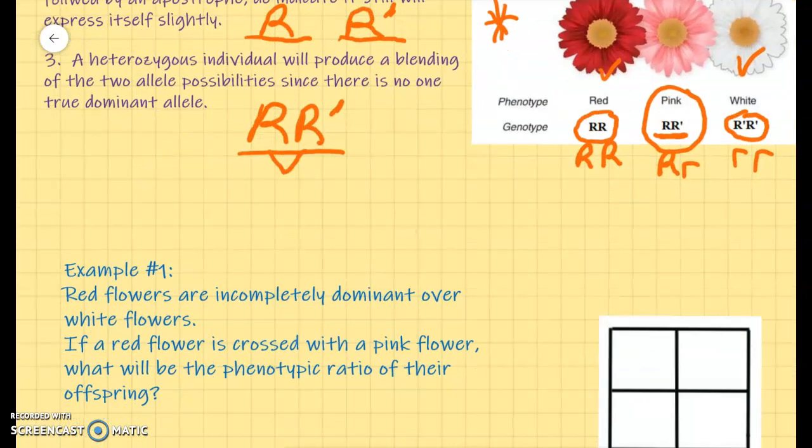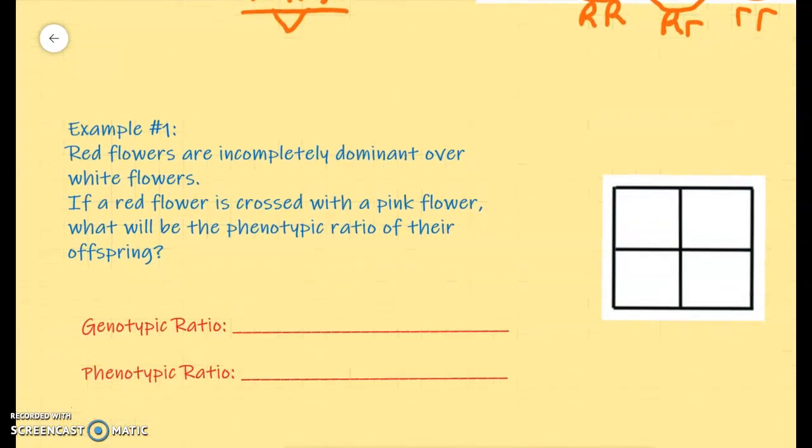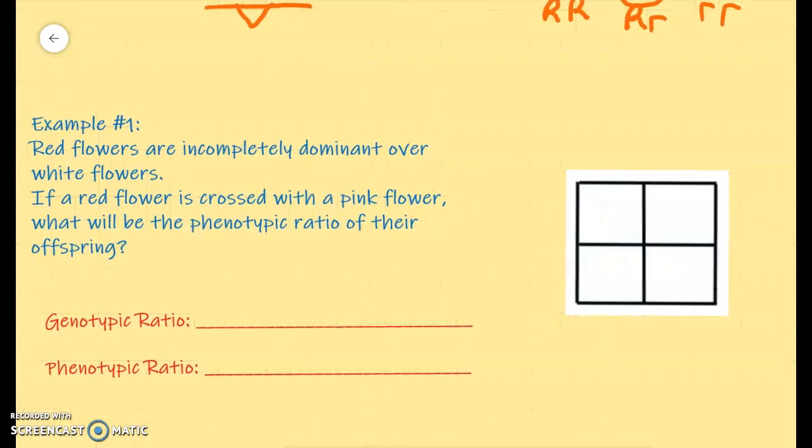So if I drag this up, let's look at one example here. It says, red flowers are incompletely dominant over white flowers, just like we mentioned above. Now, I haven't given you any symbolism, so you can choose any letters you want as long as you remember that red is going to be, I'll use the same letter this time, big R. And if that's incompletely dominant over white, white is going to have the same symbolism, but you put that apostrophe after.